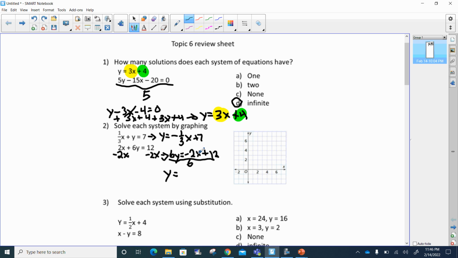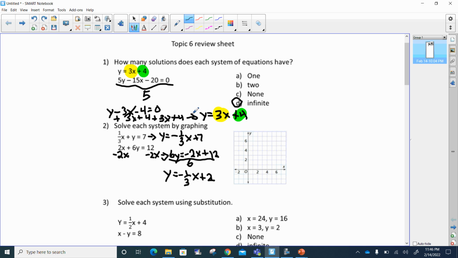Negative 2x over 6 will be negative, well, 2 over 6 is the same as 1 over 3. And then 12 divided by 6, that's 2.